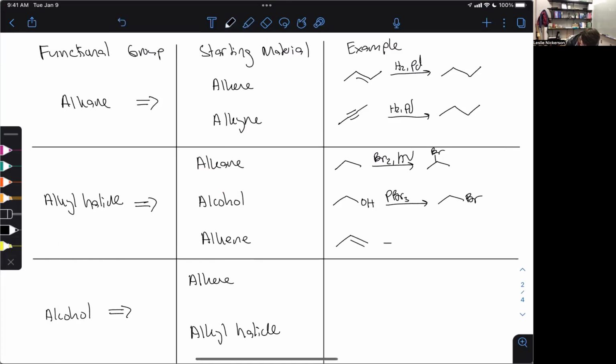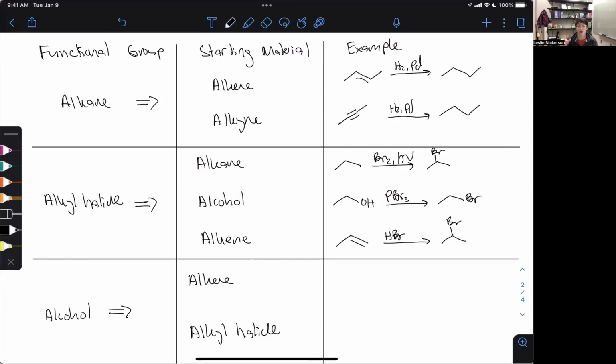And then alkene to alkyl halide, we've got a couple of reactions for that now too. So we've got the HBr. We can also use the HBr with peroxide, which is our radical version. So again, another example where there's other options here that I'm not including, but you should definitely include.